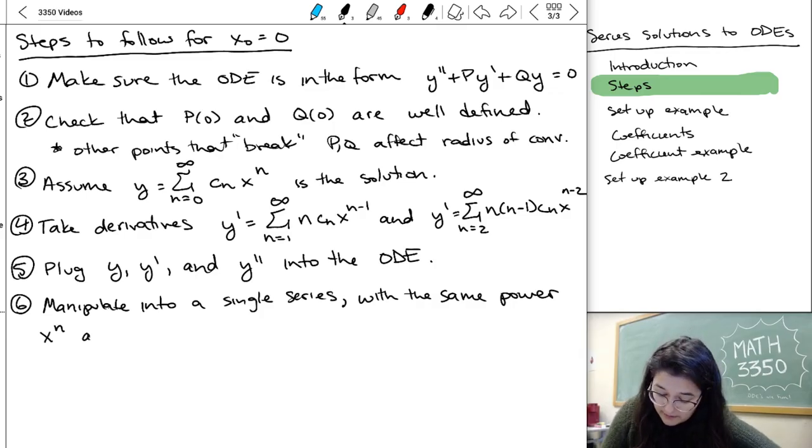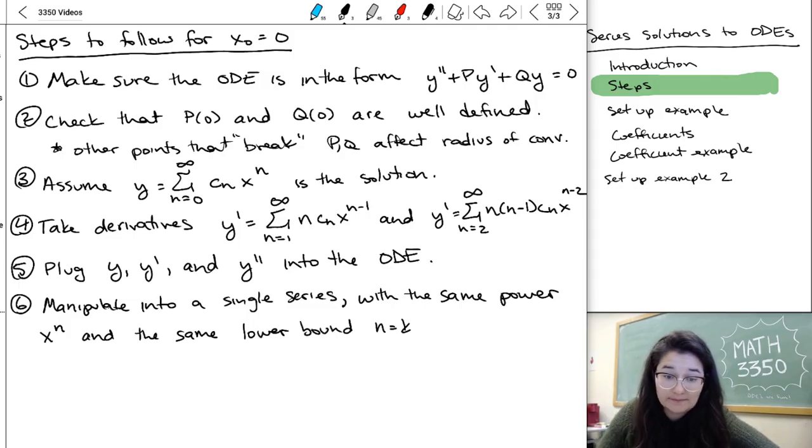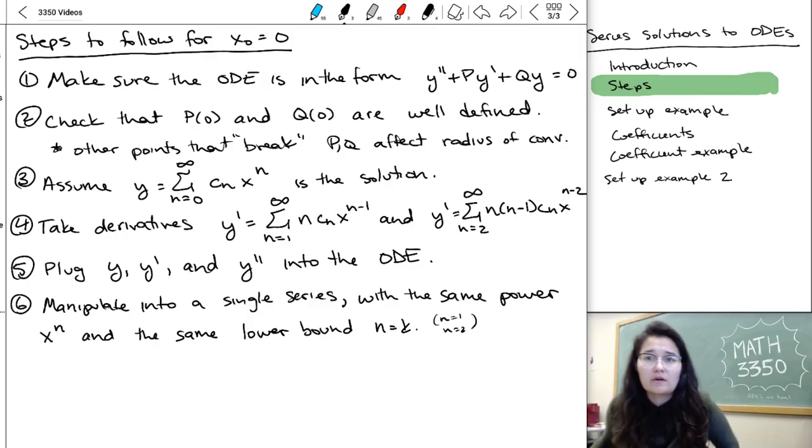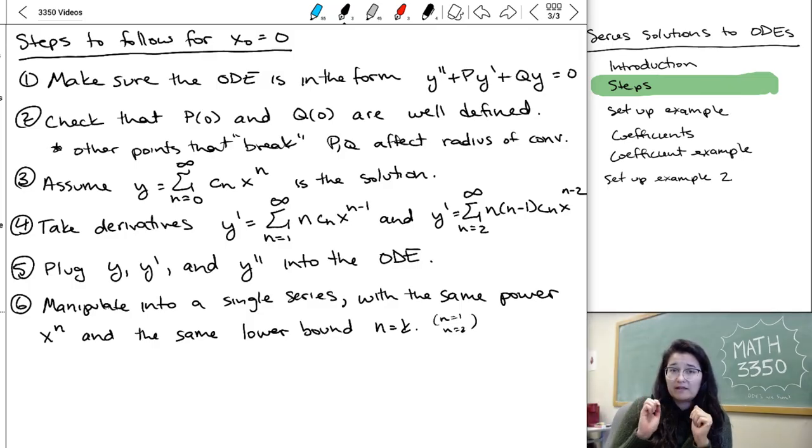And then you're going to make sure that they have the same lower bound, n equal to k. Usually that's going to be n equal 1 or n equal 2. So fix it so that the powers match, then fix it so the lower bounds match. Really do it in this order so you don't have to backtrack and undo steps on yourself.